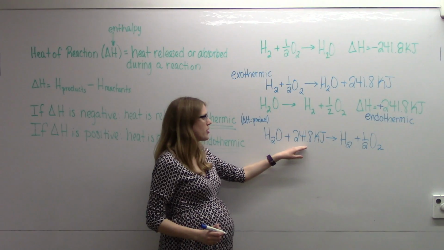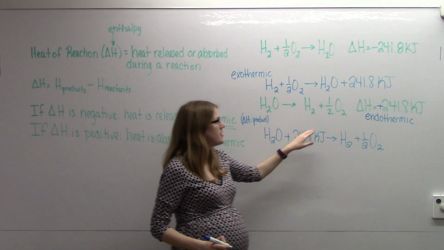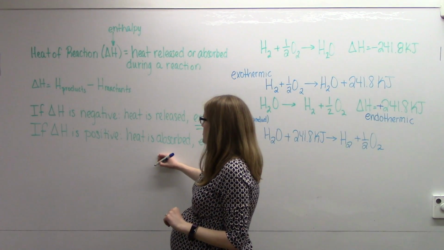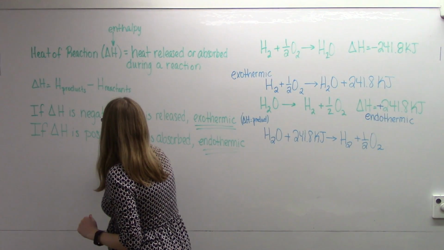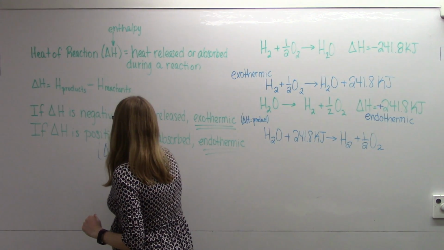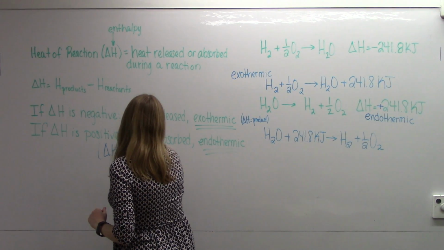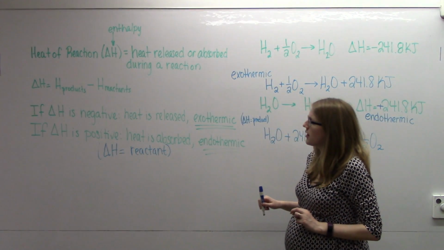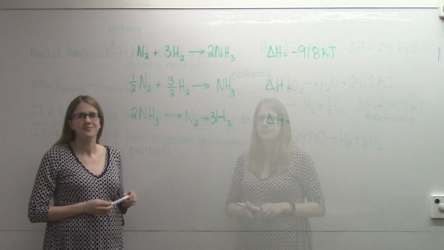And you see there we put it as a reactant because this heat is required. So if delta H is positive, that means it's endothermic, and delta H, the heat, would actually be a reactant. So for exothermic reactions, the delta H is a product. For endothermic reactions, the delta H is a reactant.